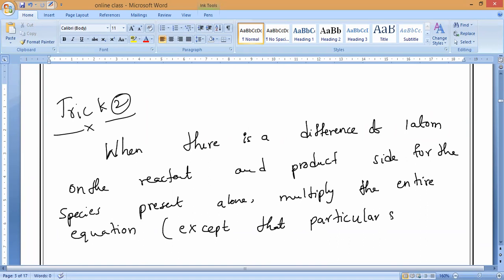Do you understand, guys? Except the species which is present alone, all the remaining we have to multiply by 2.